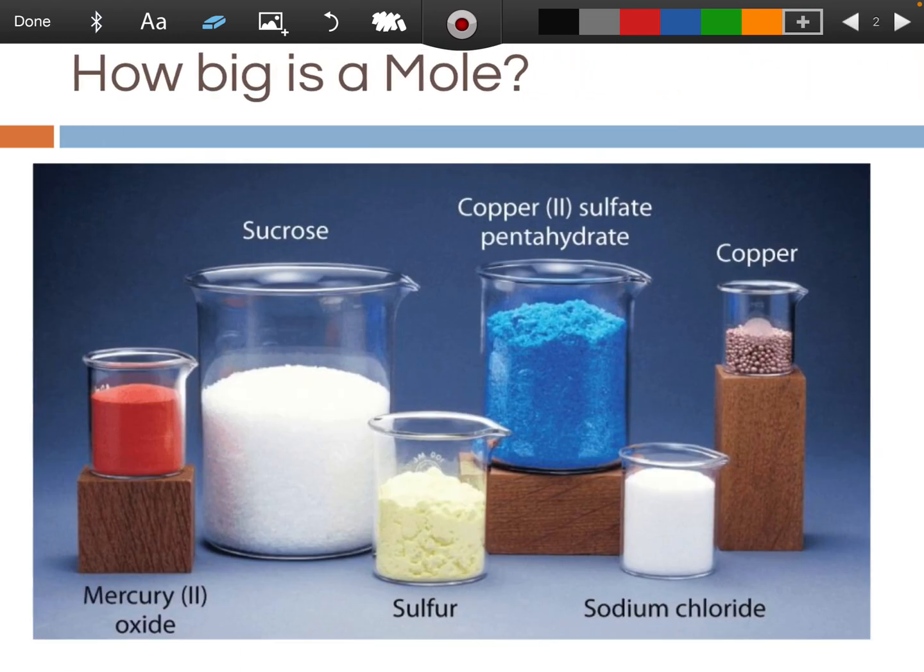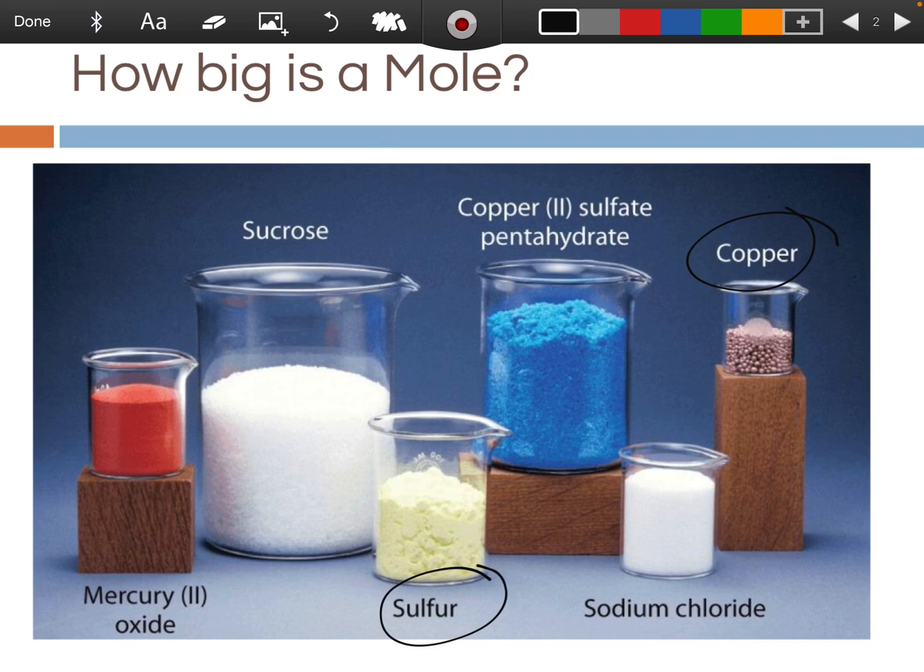Yesterday we talked about how big a mole is. A mole is 6.02 times 10 to the 23rd particles. Copper or sulfur are regular elements, so 1 mole of copper would have 6.02 times 10 to the 23rd atoms.